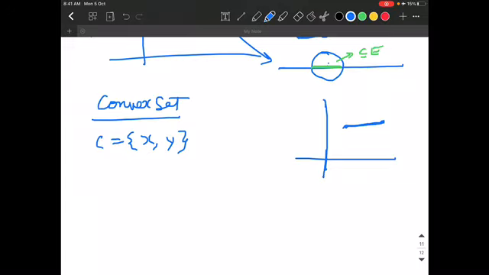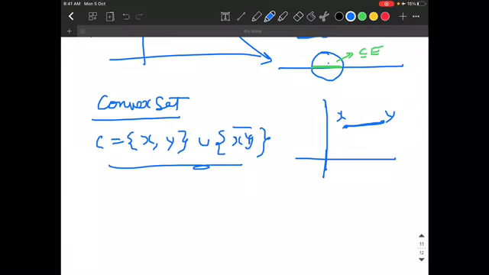But if this set contains x and y and all points lying on the line segment between x and y, then this is a convex set, because if we take any 2 points, the line segment joining them will also lie in the set.